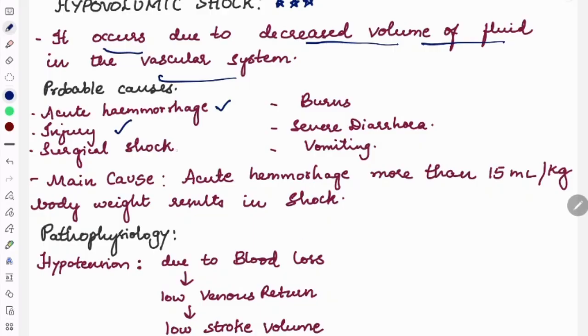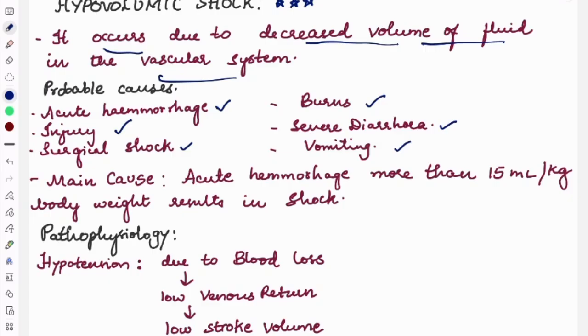It can also be due to surgery, where a rupture of blood vessels can lead to blood loss. Burns, whenever a person is burnt in an accident or hazard, can also lead to hypovolemic shock.